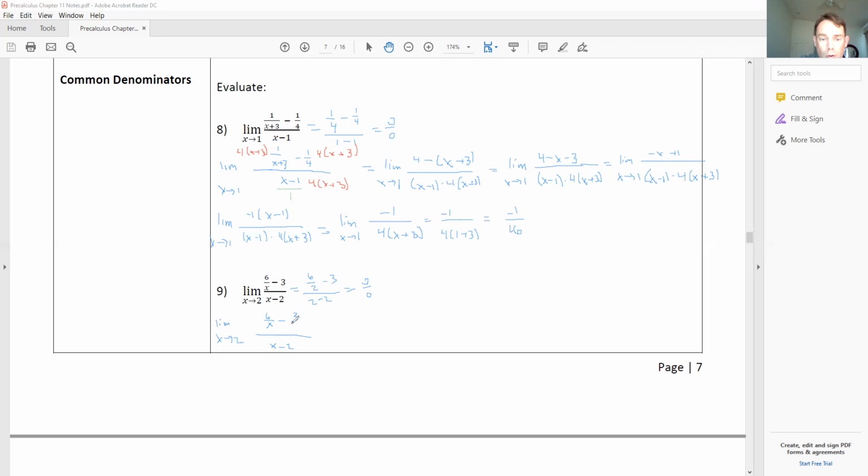So that 3 is over a 1. This x minus 2 here, I'm going to put that over a 1. So that common denominator is just going to be x. So I'm going to multiply everything here by x. And when I do that, I end up with 6 minus 3x all over x times x minus 2.